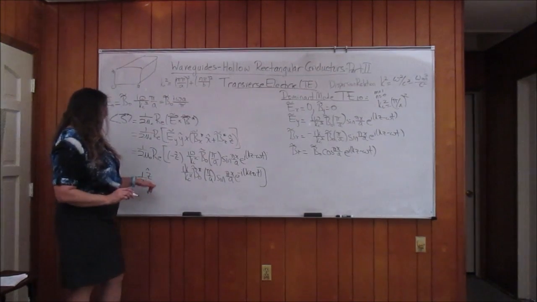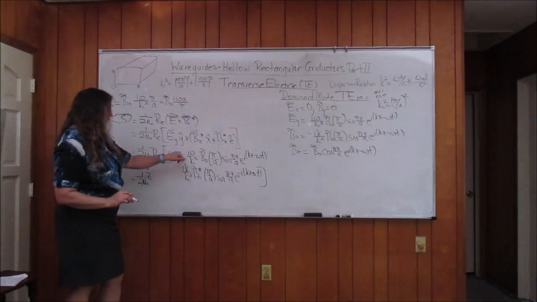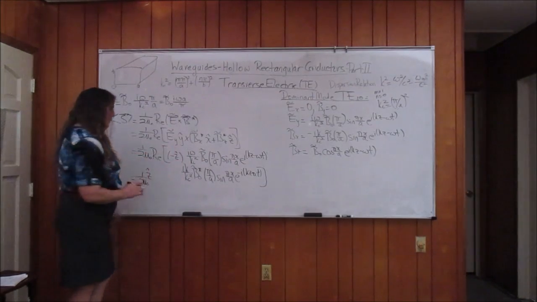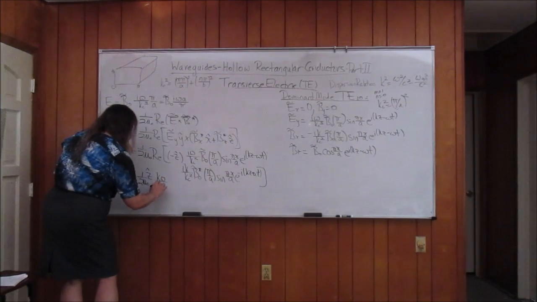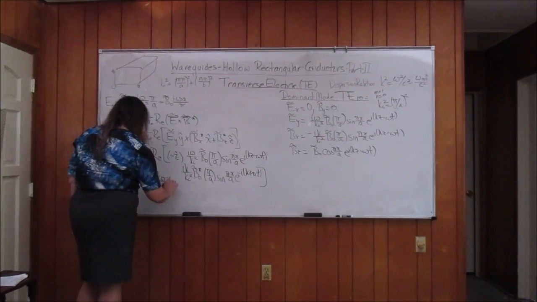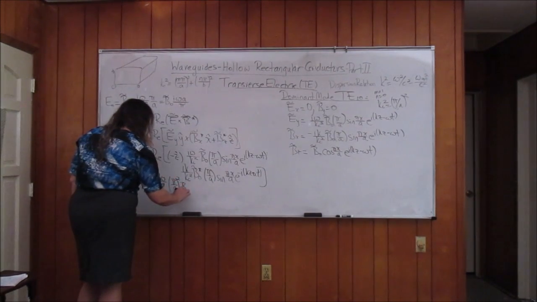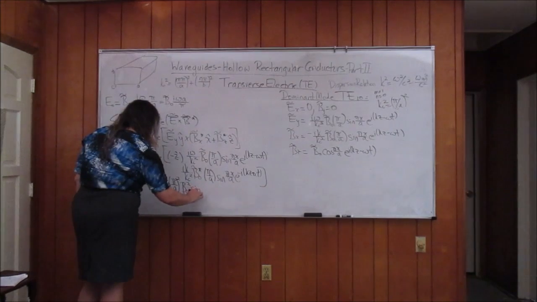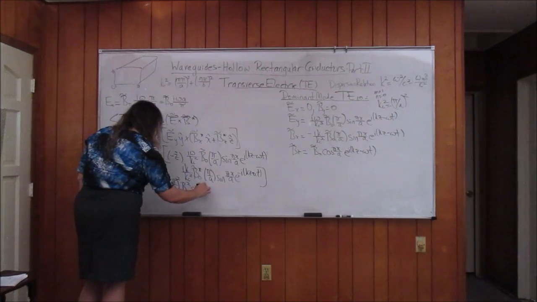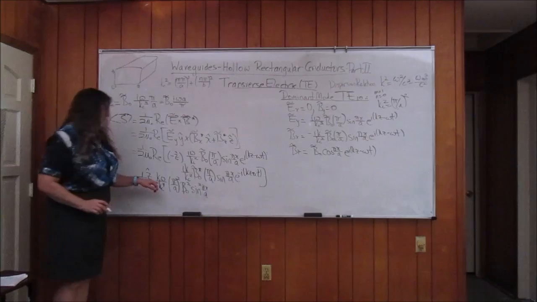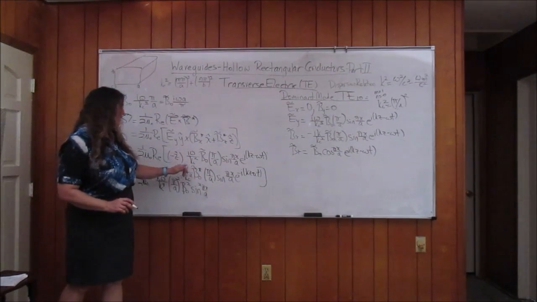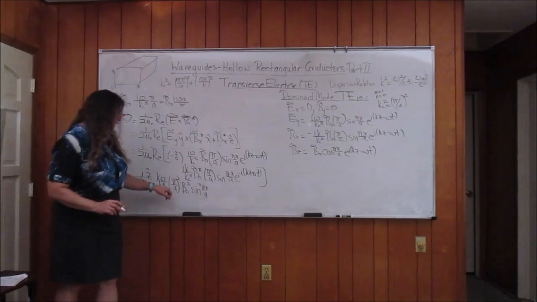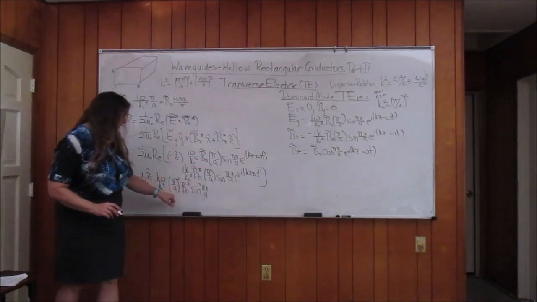This is 1 over 2 mu naught in the z direction. I've got essentially minus i times i. That's just going to be equal to 1. And I have k omega times kc, or rather I should say kc to the fourth, and I've got pi over a times pi over a.